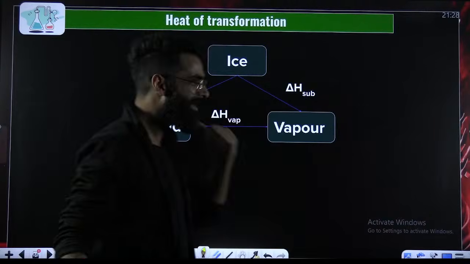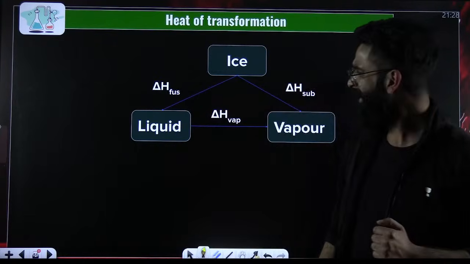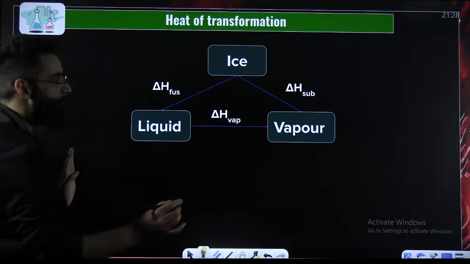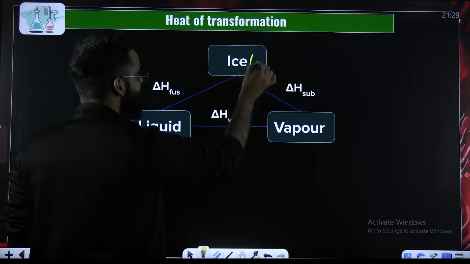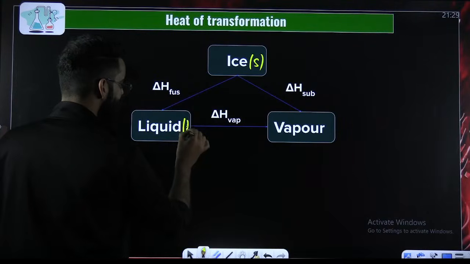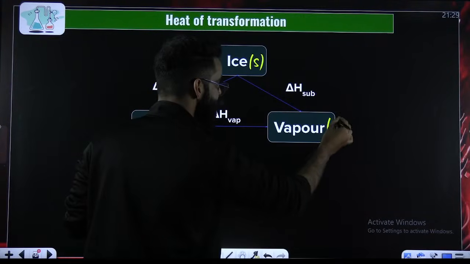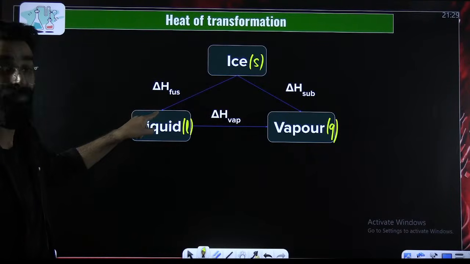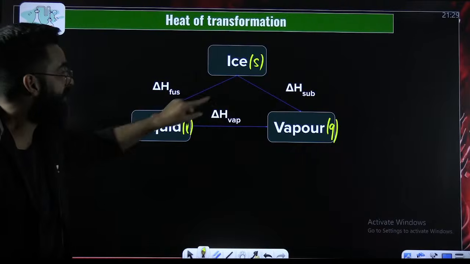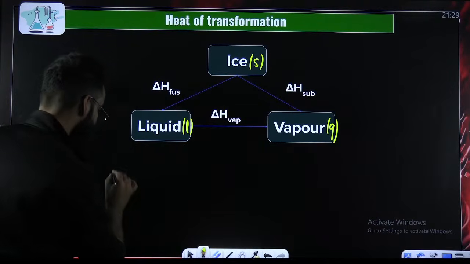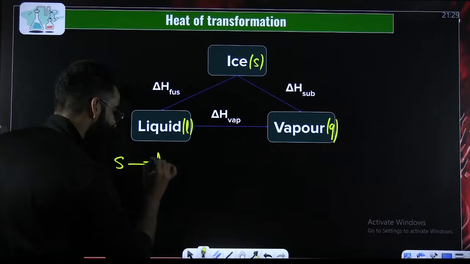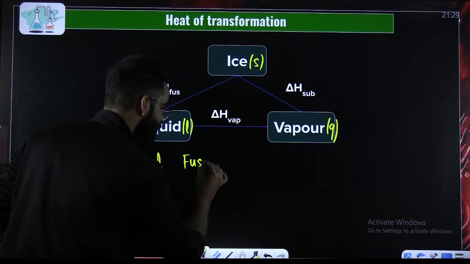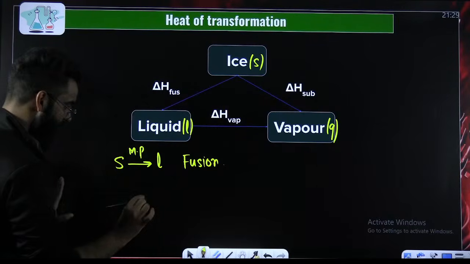Now, look at this conversion diagram carefully. First of all, for example, this ice is solid, then liquid, and vapor is gas. Conversion of solid into liquid at its melting point is called fusion.